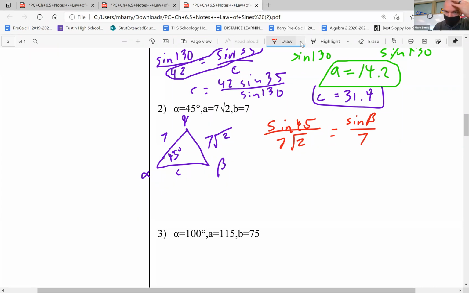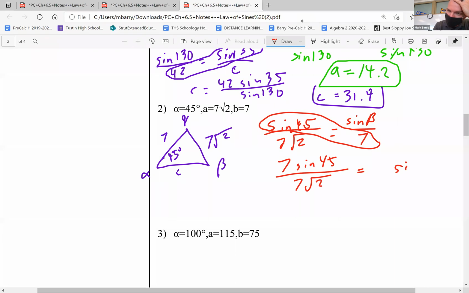All right, so let's do our cross multiply here, see what happens. I'm going to multiply the 2 things that I know, 7 times sine 45, and divide by the other thing, 7 rad 2. But instead of equaling bravo, it's going to equal sine of bravo.